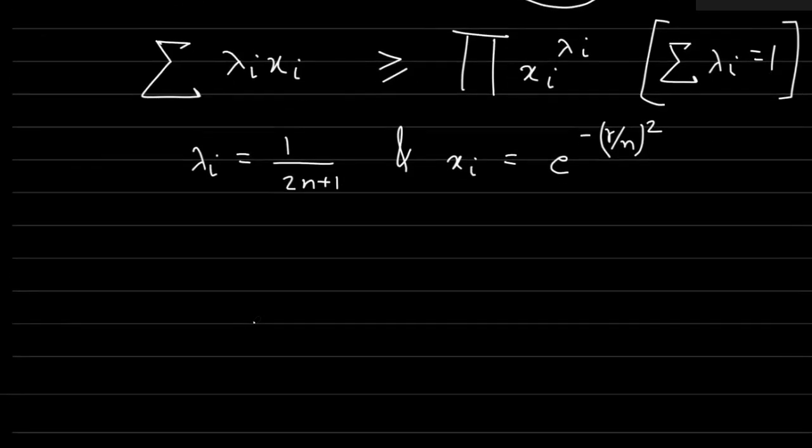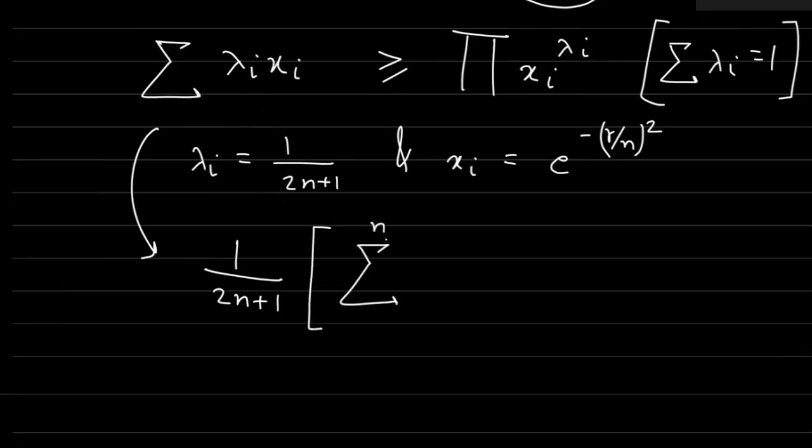So now writing it down and substituting, we'll get 1 by 2n plus 1. I can take this common because all the lambdas are same, and my summation will range from r equals minus n to n, e to the power minus r by n whole square.